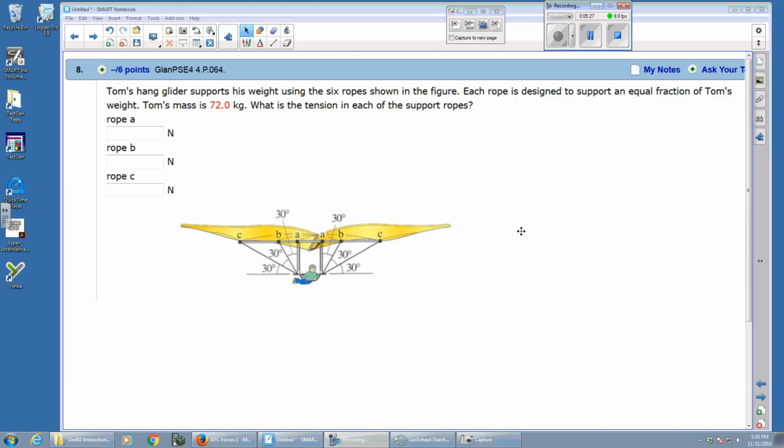All right, number 8. The key to this one, which makes it actually a little less realistic problem, is this is designed to support an equal fraction of Tom's weight.